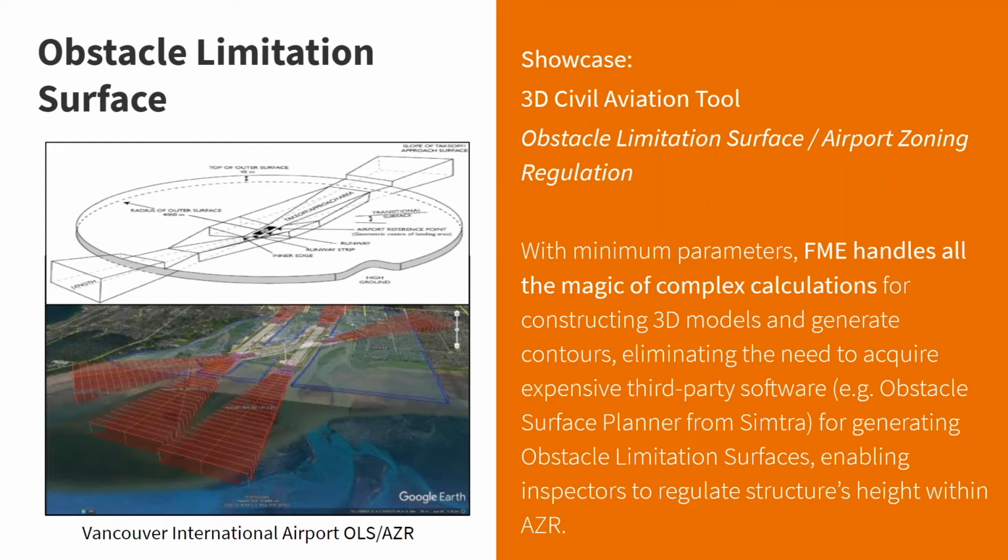And so here FME is used to handle all the complex calculations around what could be 3D obstructions, and then build up a surface model of the minimum altitude where you can fly safely. So this was done for YVR.